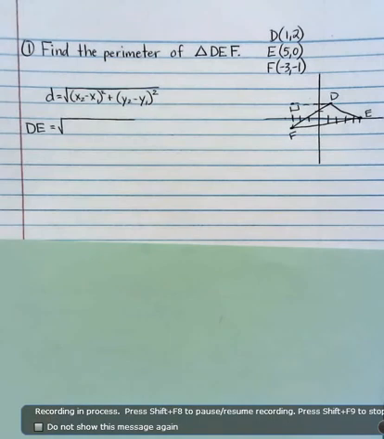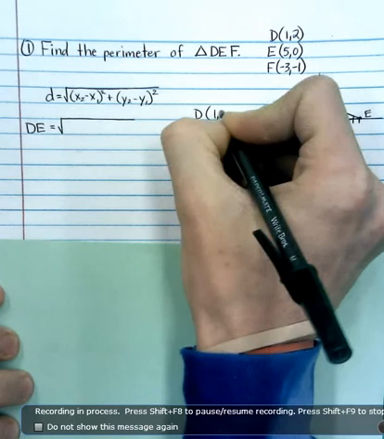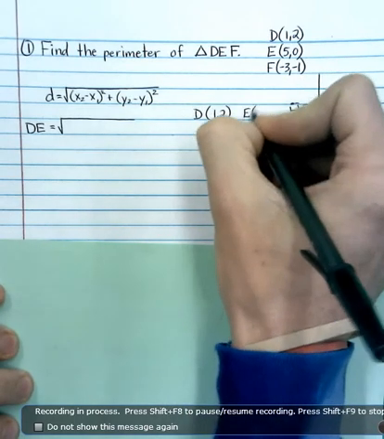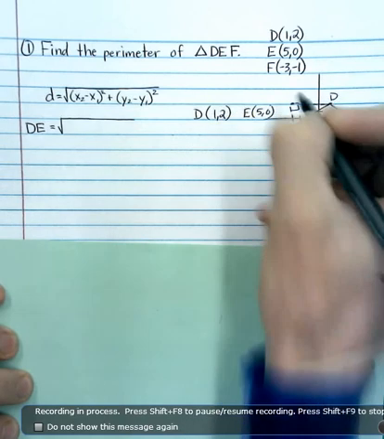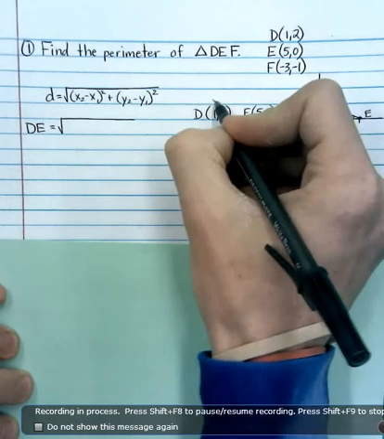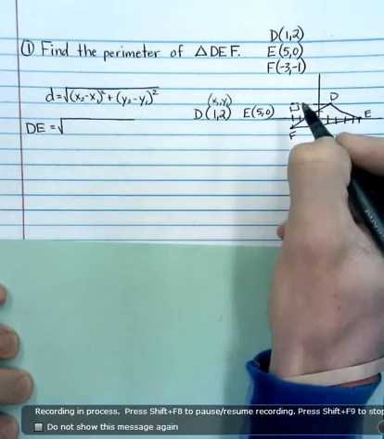Since point D is (1, 2), and since point E is (5, 0), you can choose whichever one you want and make it your first point. I'm going to choose D. So I'll call that x1, y1. I'll call E x2, y2.